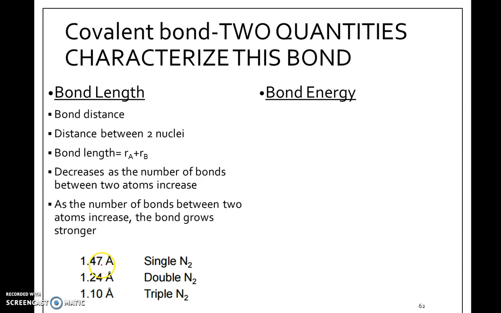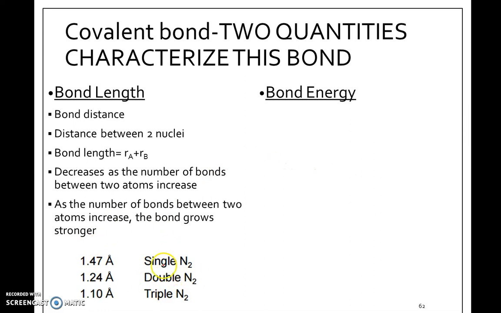You have 1.47 with a single bond, and as you go from a double bond to a triple bond, that length shortens. It gets shorter and shorter as the number of bonds increases. That also increases the strength. One long stick is easier to break than 3 short sticks, right?